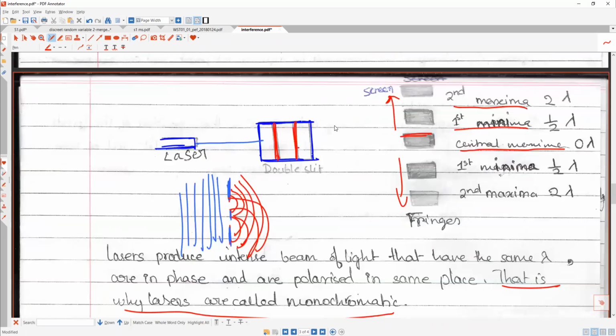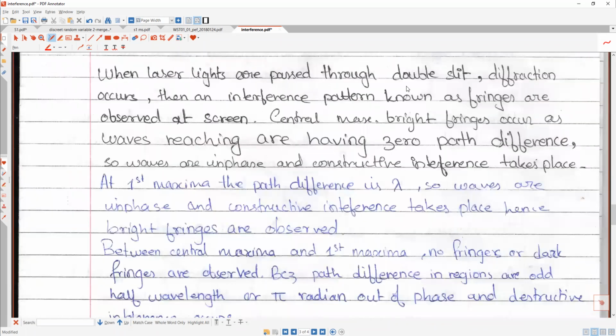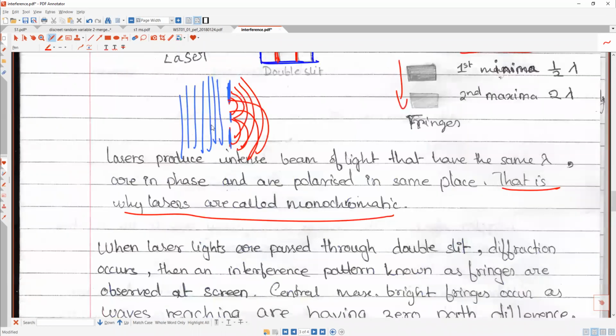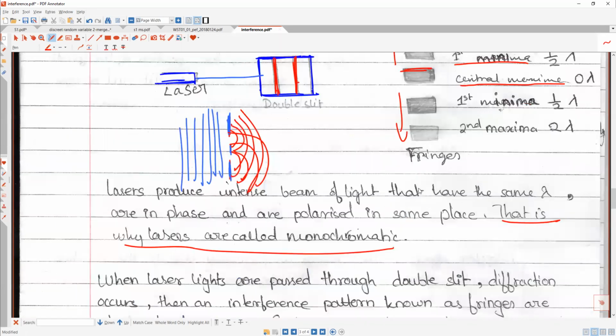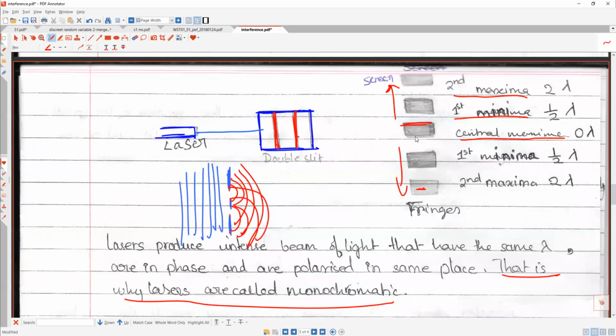Fine. When laser light is passed through the double slit, what happens? Diffraction occurs. I just showed you this over here. Then an interference pattern known as fringes is observed. The one which we see is known as light fringe.